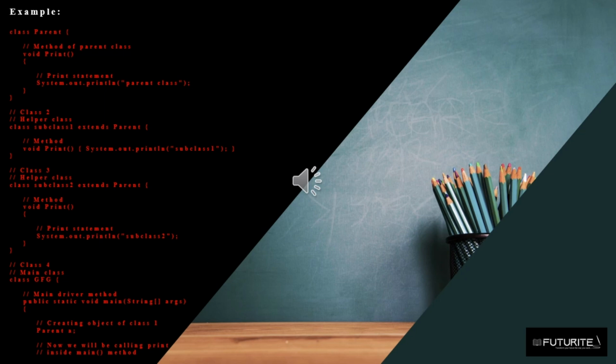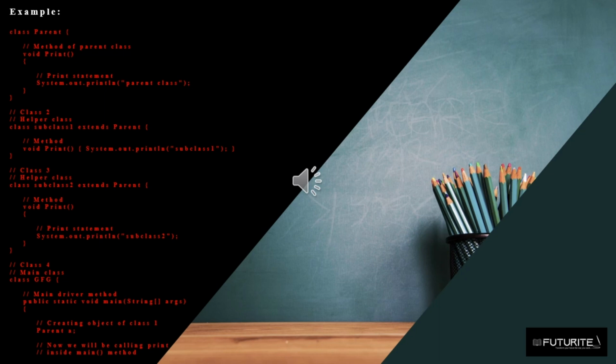Now how does this work? In the main function under the GFG class, if you note carefully, you have creating object of class 1, this is Parent A. Here you are first creating an object of the Parent class, Parent A. But after that you write A equals new Subclass 1.